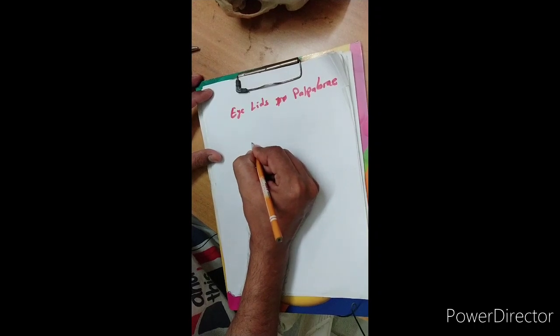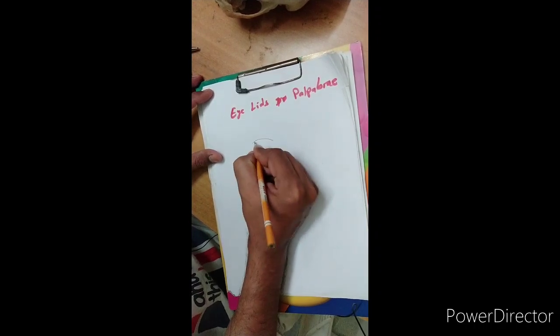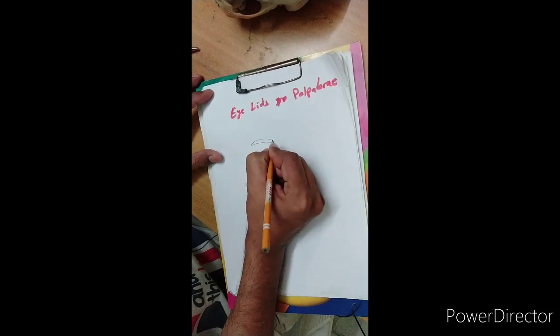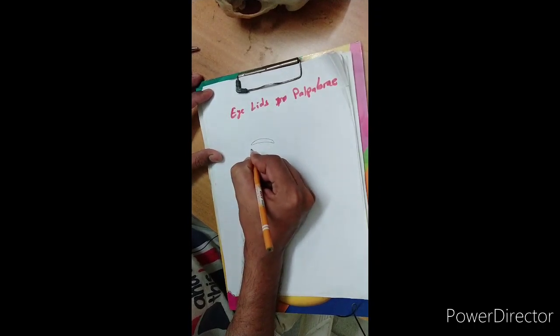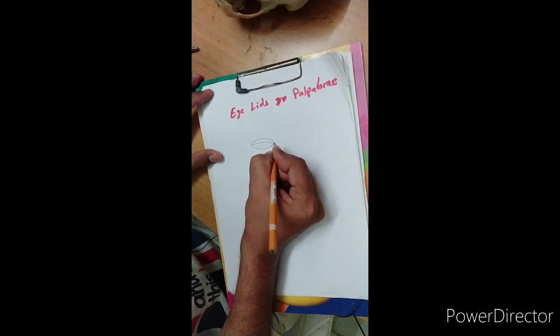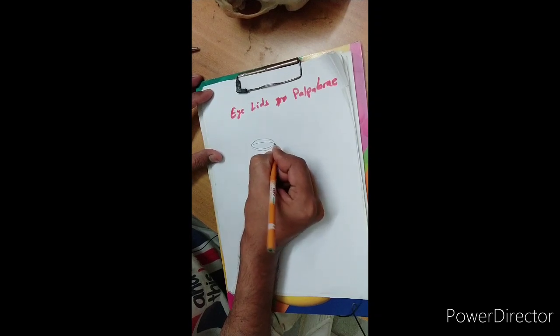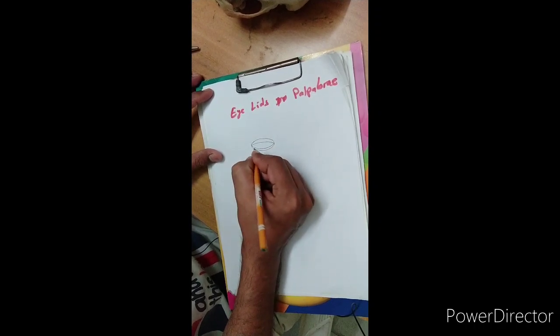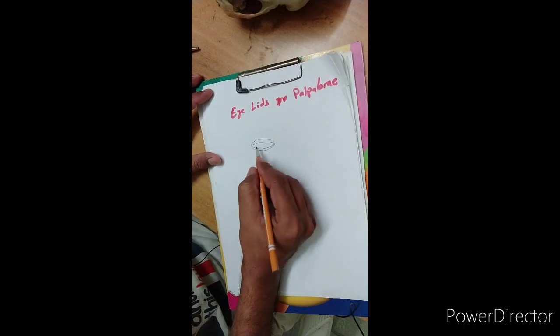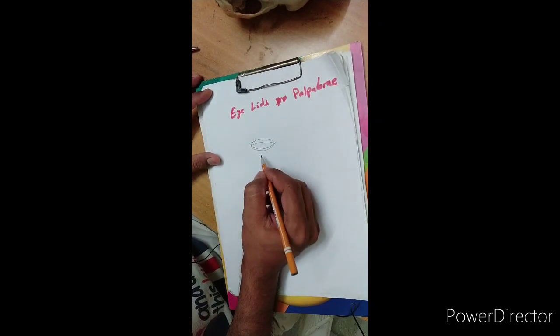So, if you see here, this is the upper eyelid and the lower eyelid.